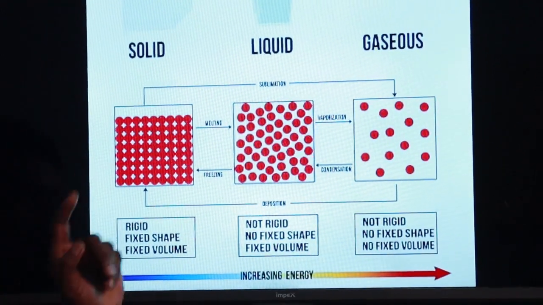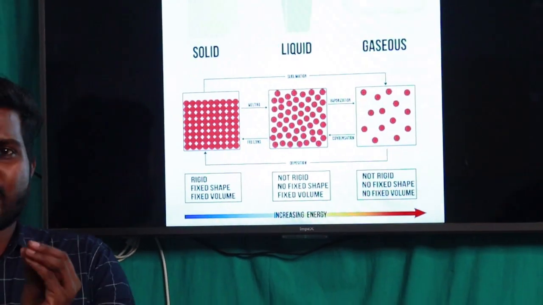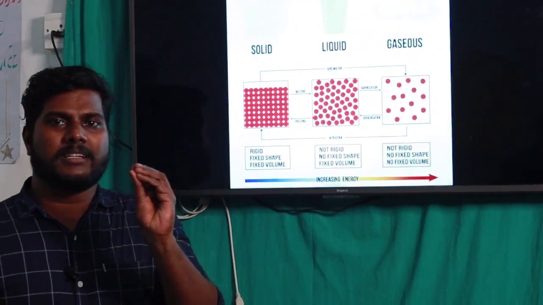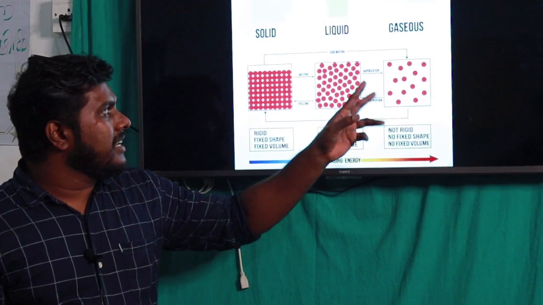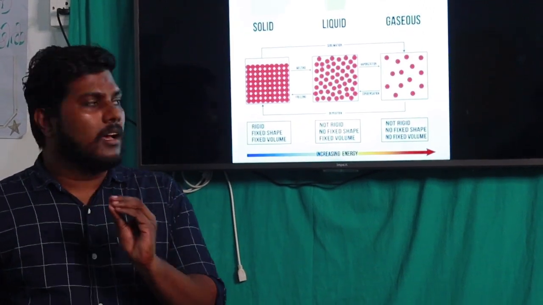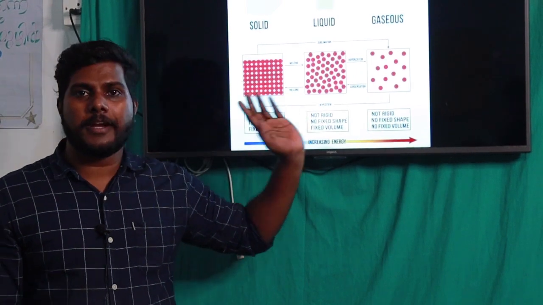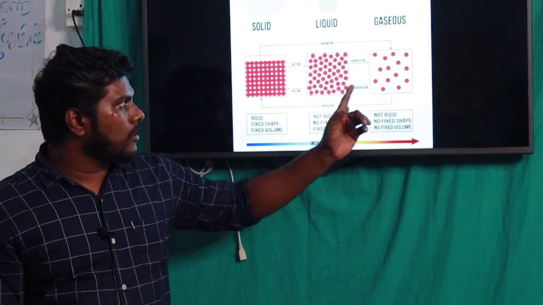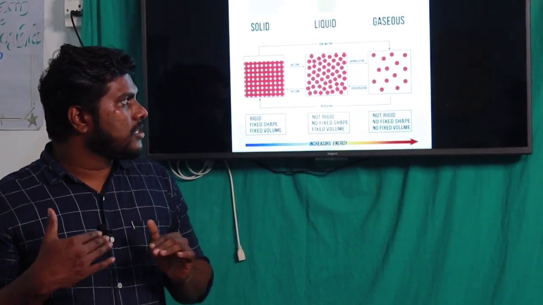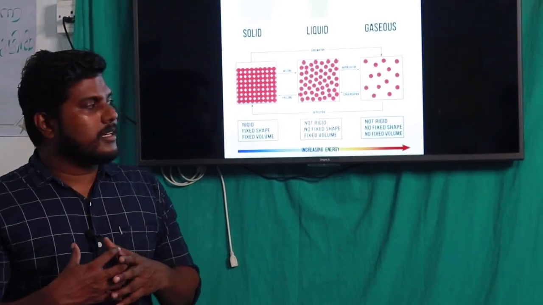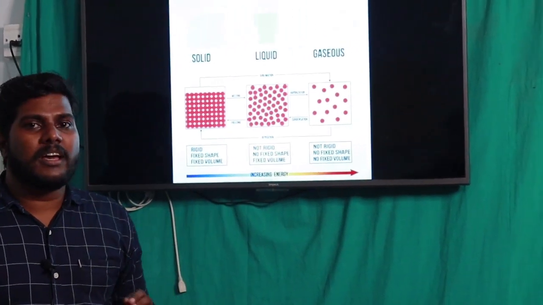In the liquid state it is quite low compared to solid, and in the gaseous state there is no force of attraction because they have freedom to move here and there, as the molecules are arranged very spaciously.